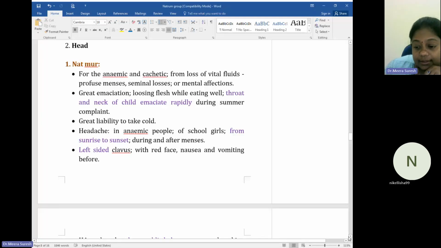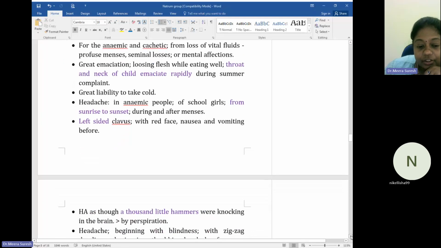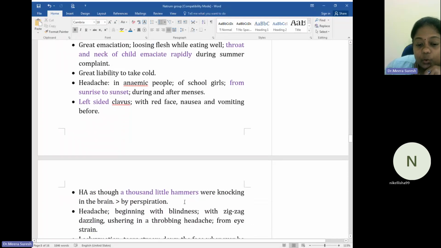Because later in the pain nature, they say as if a thousand little hammers were knocking in the brain. So left-sided clavus means when it is knocking with a hammer, it is actually towards a particular point. With a hammer, we are continuously striking the same point, right?